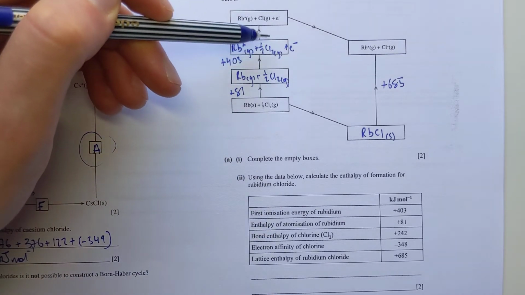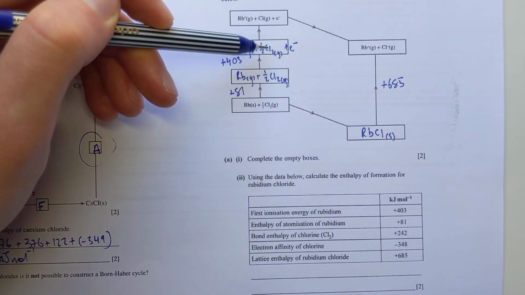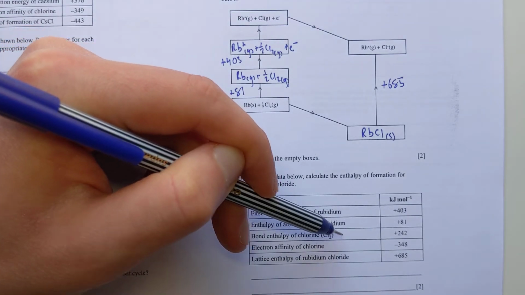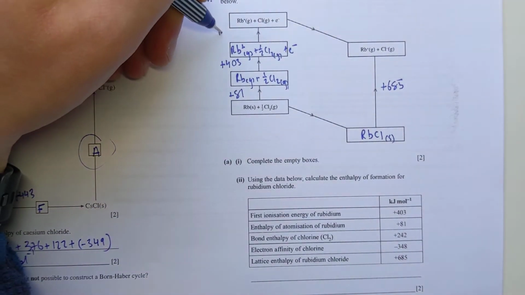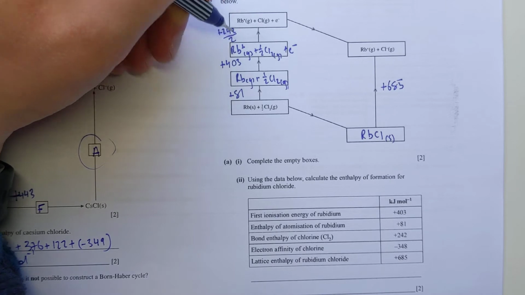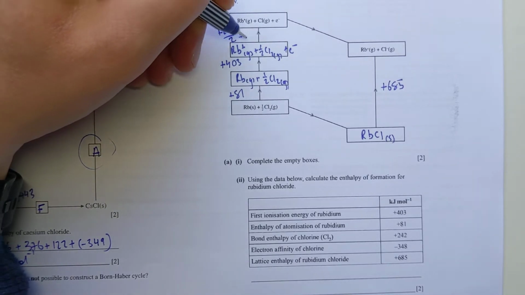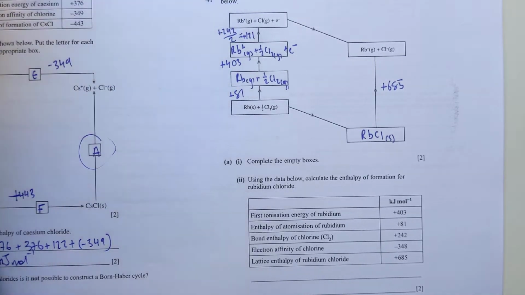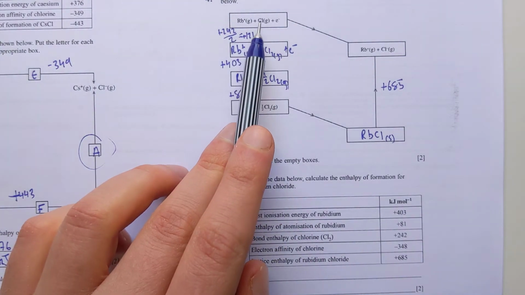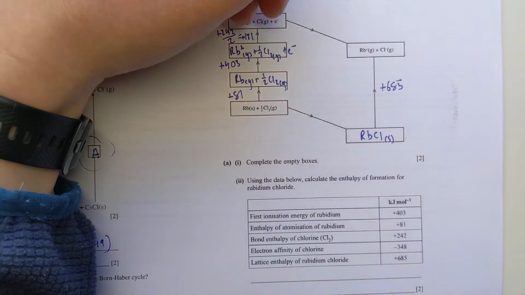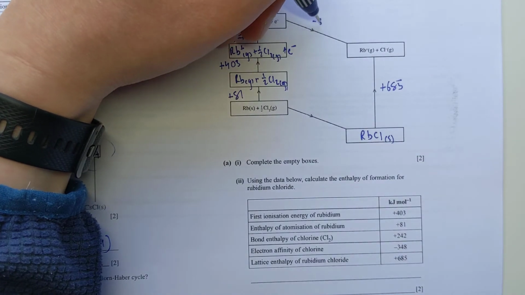We're actually breaking half a mole of chlorine bonds here. Therefore, we need to halve this value before putting it on our cycle. So it's going to be plus 242 divided by 2. You can do that all together, it'd be 121. Then, looking at the next step, electron affinity of chlorine is just 1 mole of chlorine atoms. That's just as expected. It's going to be minus 348.